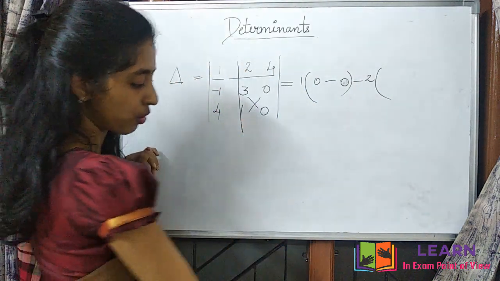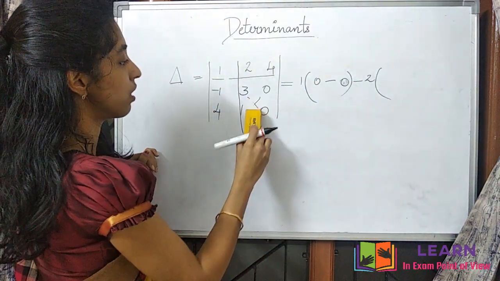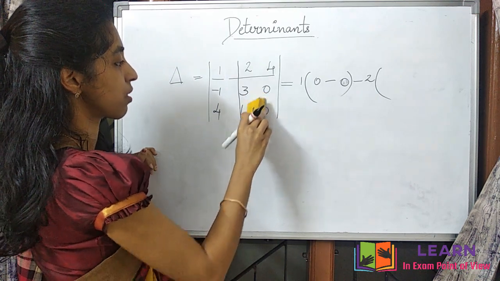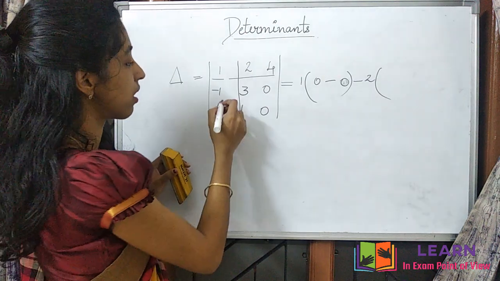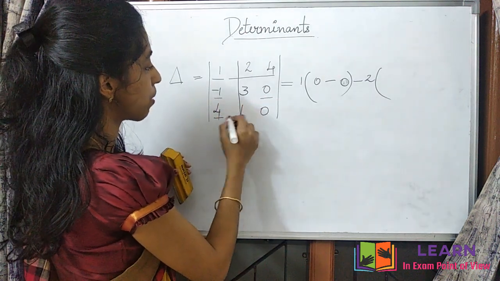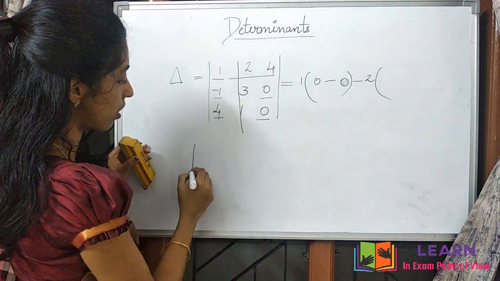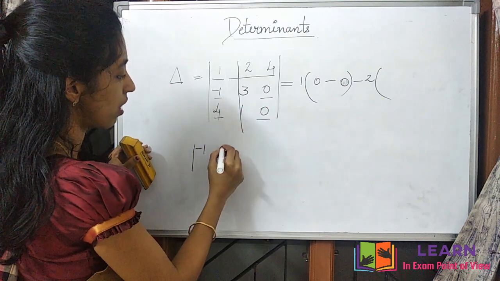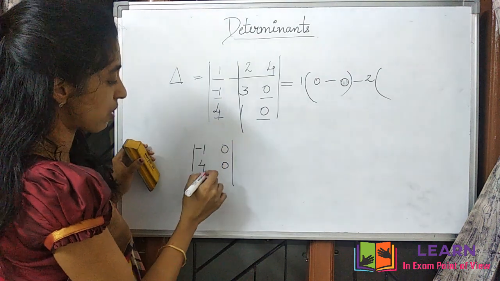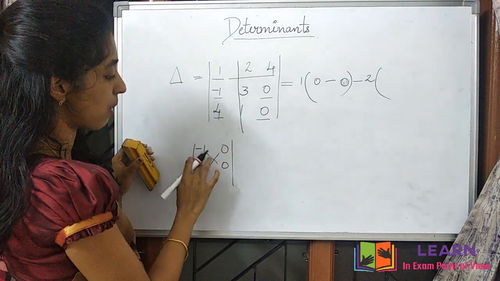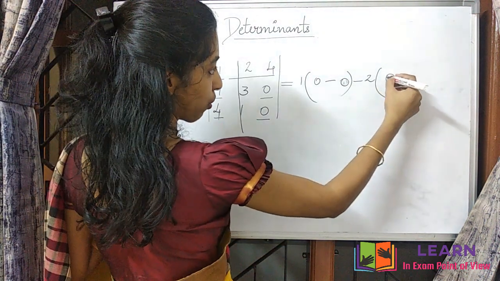It's 2. It will be minus 2. Minus 2 we have to, here its corresponding row and column vanish in your mind. Then we have these 4 elements, correct? As a determinant we can write minus 1, 0, 4, 0. It is again a 2 by 2 matrix. Then perform the operation. Minus 1 into 0 we have 0.